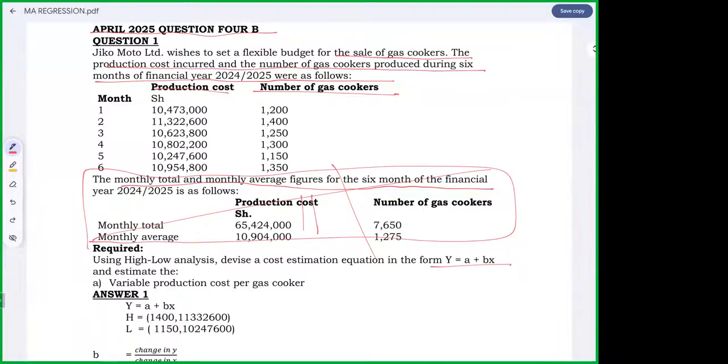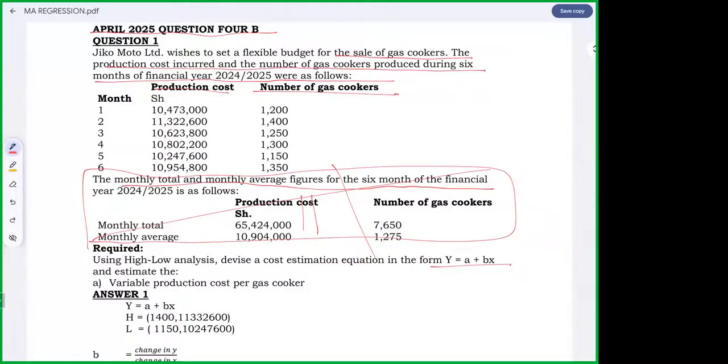Anybody able to give me an answer? Which one do you think will go to the y-axis if I was to draw a scatter diagram? Techno tells me production cost. I love that. These students are crazily nice; they are telling me, Mwalimu, what matters here is what depends on the other.